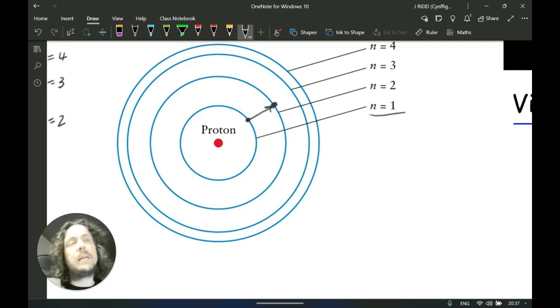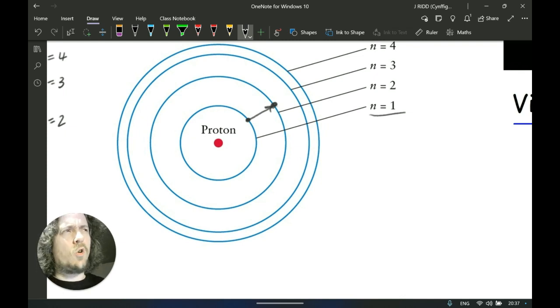Now, a really important aspect to all of this is that electrons cannot exist anywhere between states. And this is why we do not get a continuous spectrum of energy when we look at the emission spectrum of hydrogen, for example, or any element for that matter.